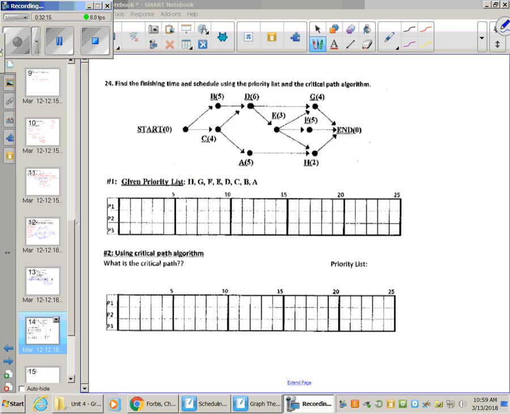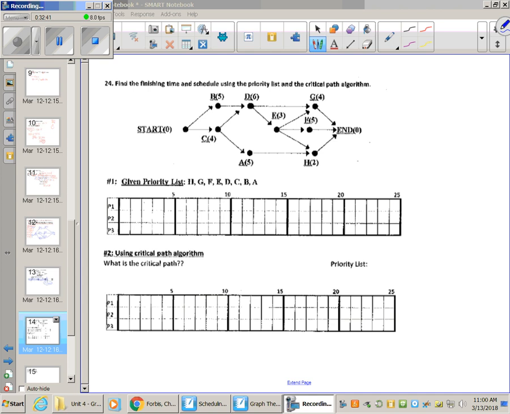Okay, let's try another example, where I give you the priority list. Exactly what we did before, but now I'm giving you 3 processors. So starting at the list. H is my first. Can I do H? No, it's not ready. G is not ready. F is not ready. E is not ready. D is not ready.